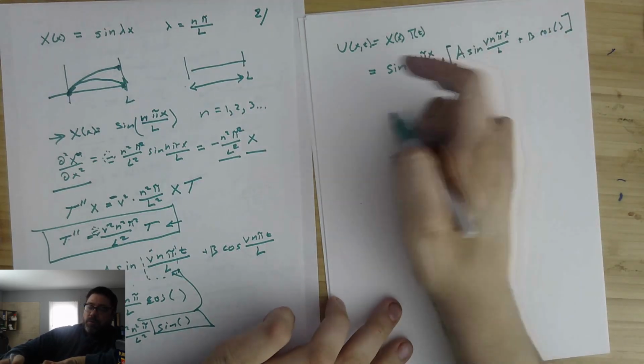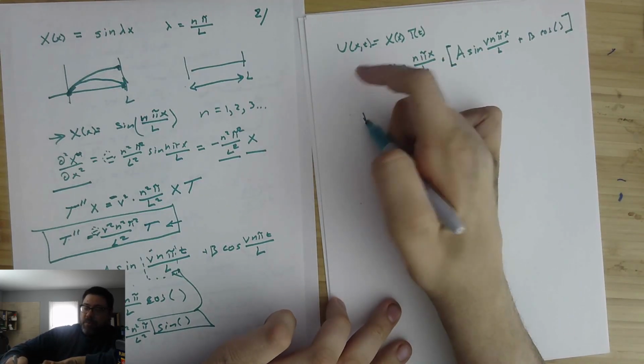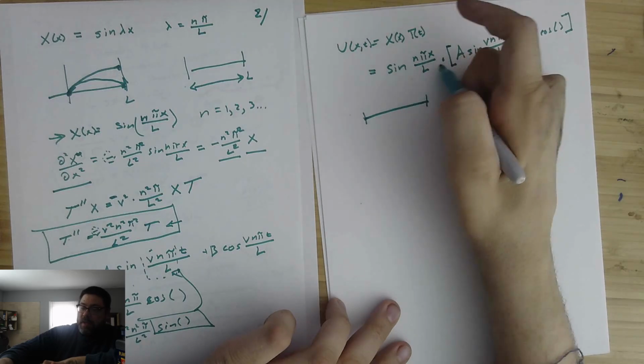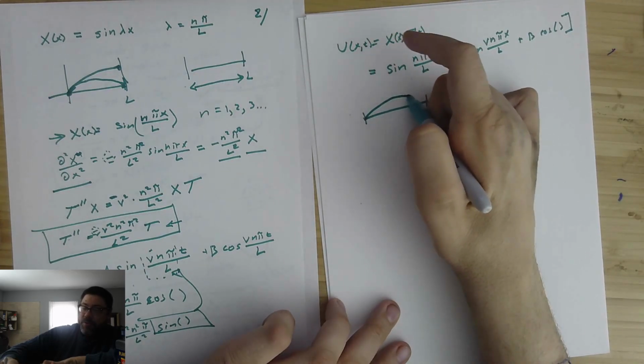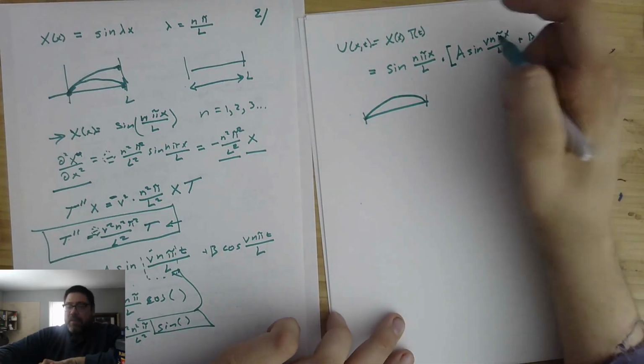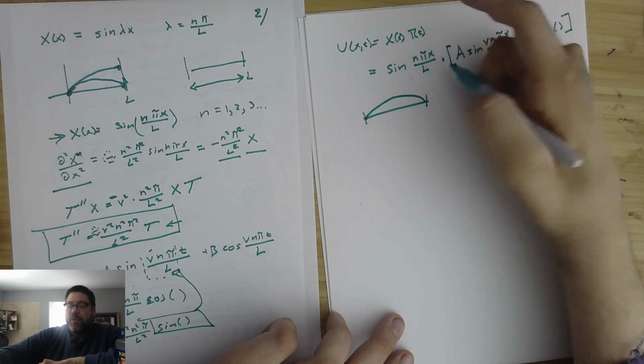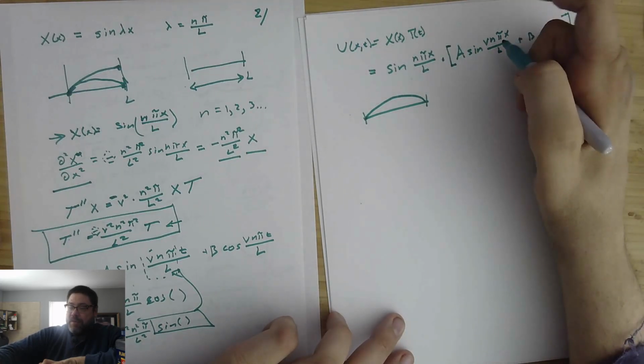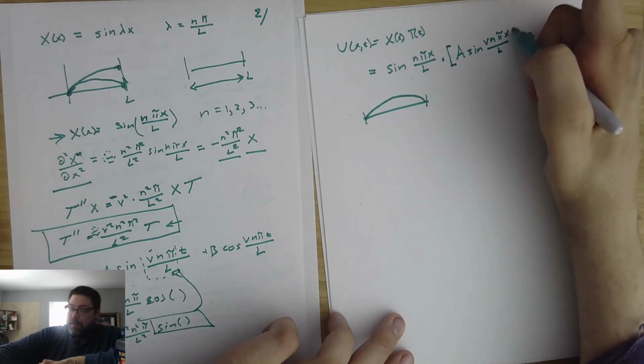So if n equals 1, this is just going to be the sine of n pi x over L. So this is just going to be this. And this tells us how this thing is going to vibrate. Namely, this thing is going to vibrate, right? This is a t.